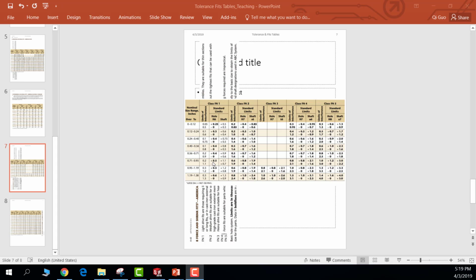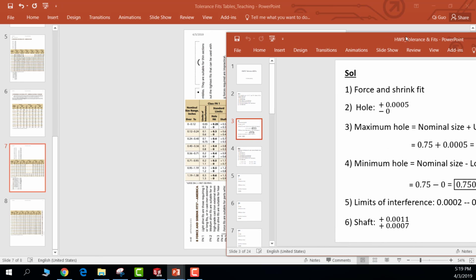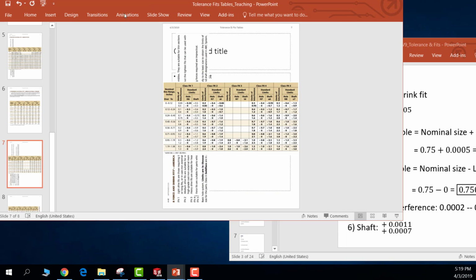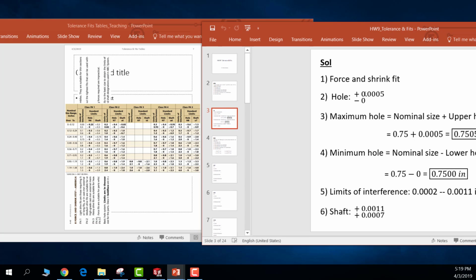So we have the hole diameter and the shaft diameter. And let me bring the slides in here as well so we can compare. So it's going to be a force and shrink fit, because it's in the force and shrink fits.